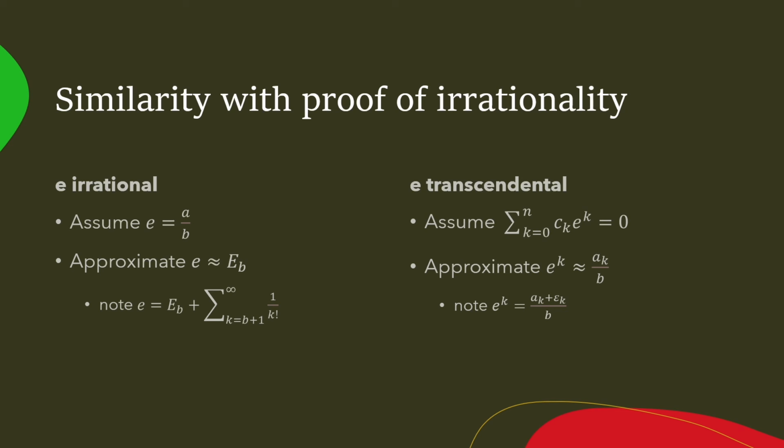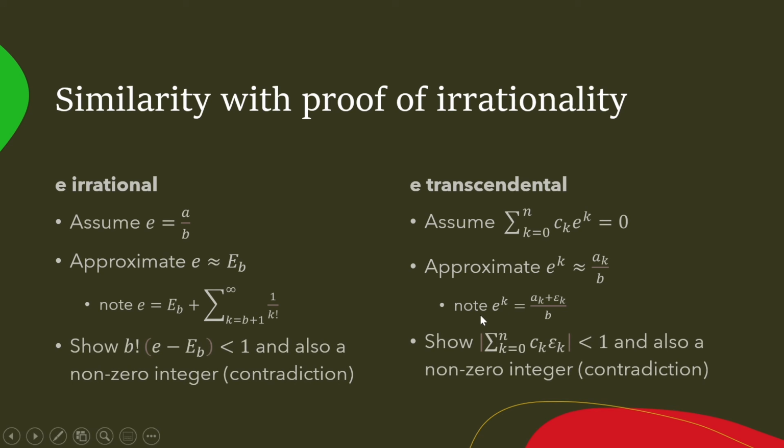And then finally, with those expressions for e, we found a contradiction using the errors. So e minus e sub b in the irrationality case, we modified by multiplying by b factorial. We showed that that was some quantity strictly less than 1, but it was also a non-zero integer, and that was a contradiction.